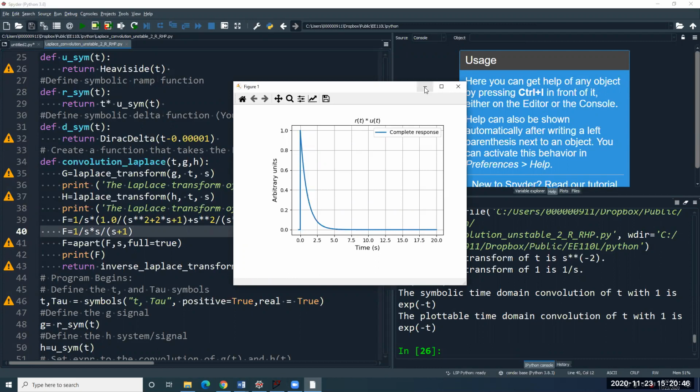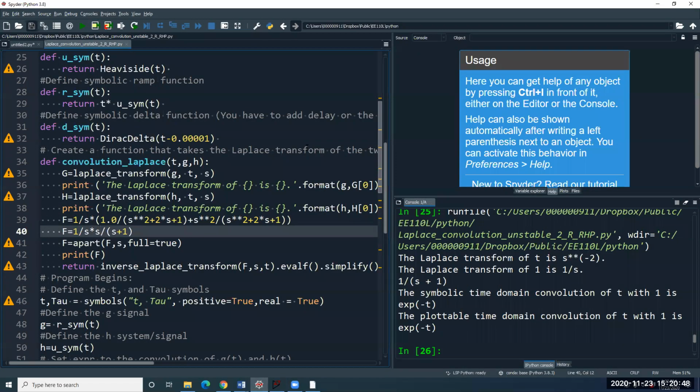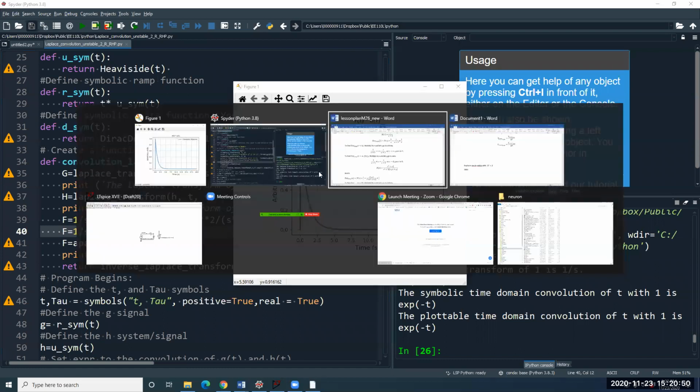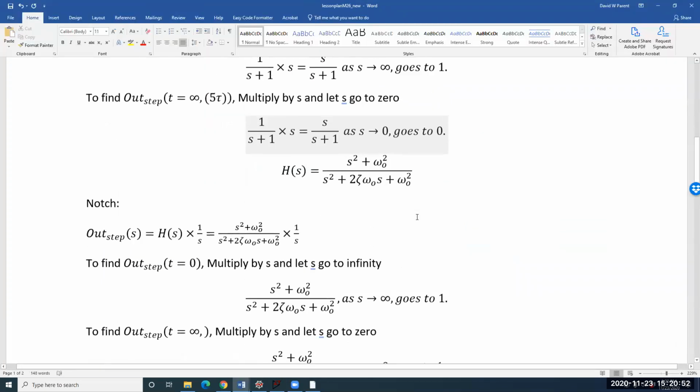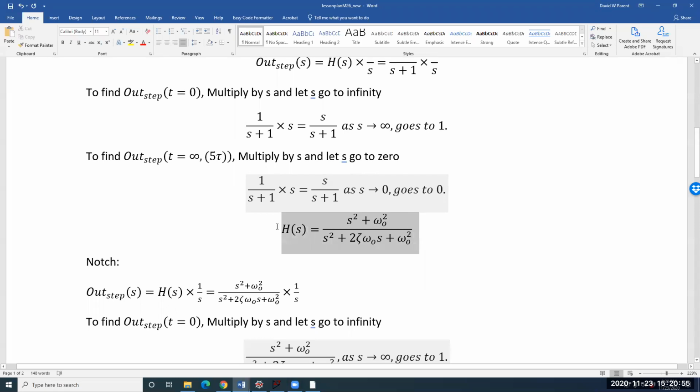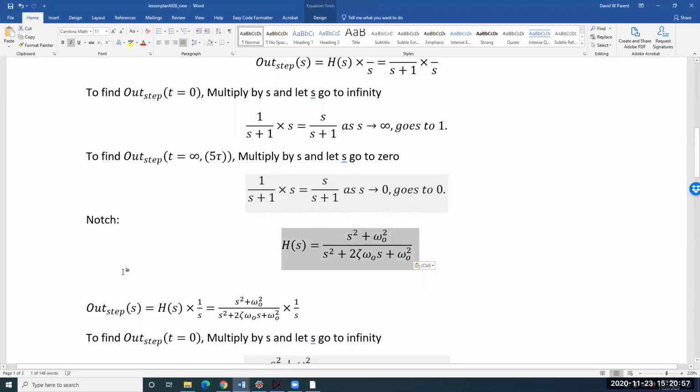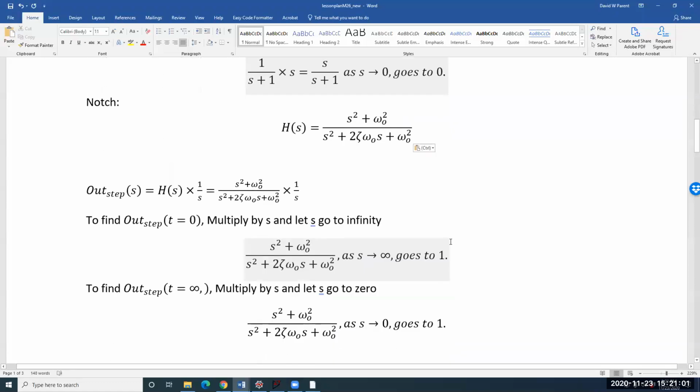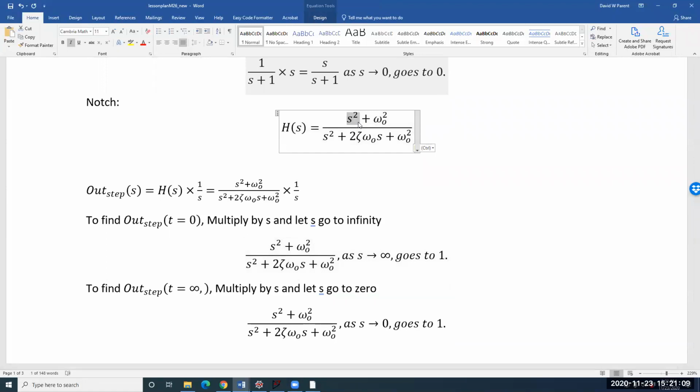Okay? Now that we have the high and the low, well, for a second order filter such as the notch, and this is only true for second order filters, it's the high pass node plus the low pass node, right?